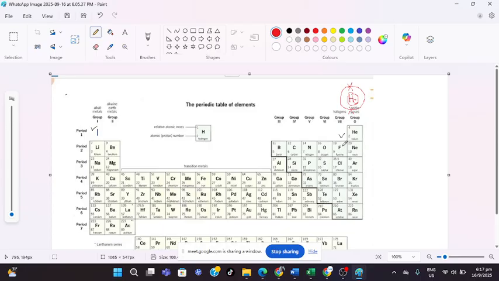Now fluorine wants to look like this noble gas. The entire set here is noble gases. So the noble gas that is closest to fluorine looks like this. So this is how fluorine wants to look.